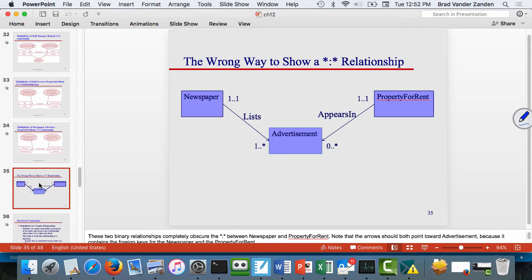And I said last time, a good way to recognize that it's probably a relationship rather than an entity is if it's a sink node.